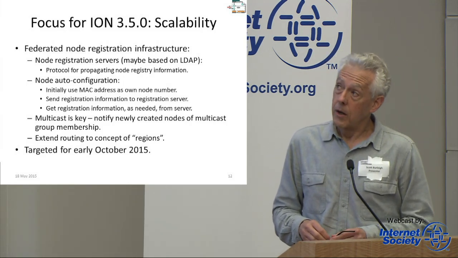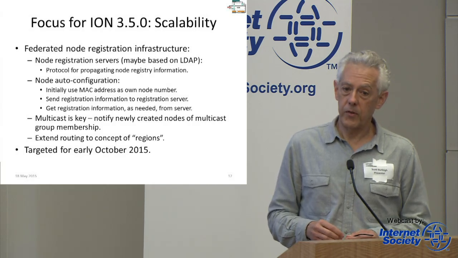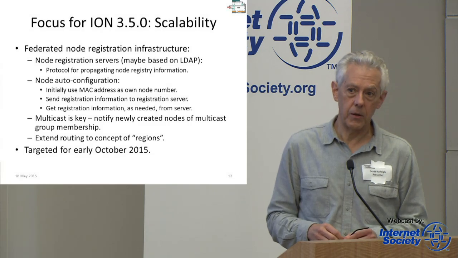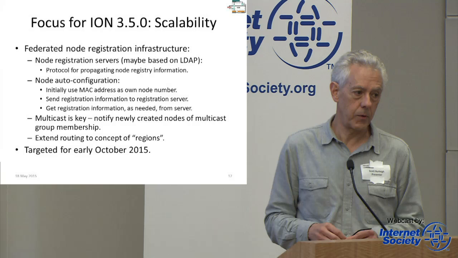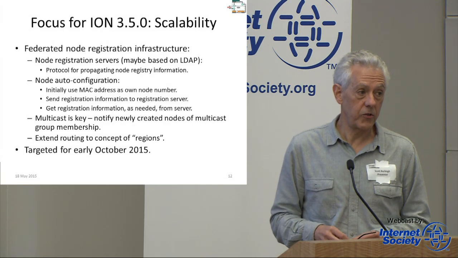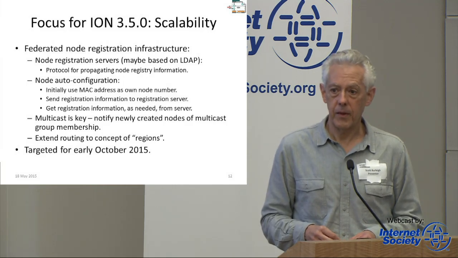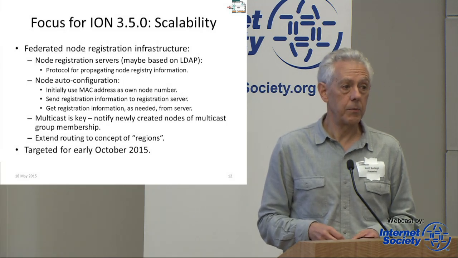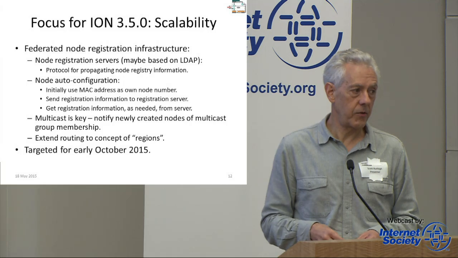And so my thinking here is that we're going to need some sort of registration that will actually not be delay tolerant necessarily, but will be sufficiently delay tolerant for the limited purposes of registration that I think we need to have in order to have scalable routing, which I believe is going to depend on being able to carve out regions within which contact graph routing can work.